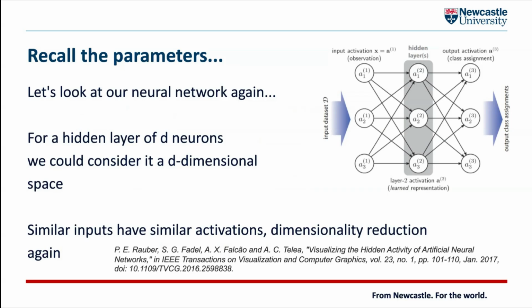Think of it as sort of like a Christmas tree: 0 if it's completely off, 1 if it's on, if it's firing. You can have in-between activations too, and you can look at that as well. That's a point in a D-dimensional space, based on the activations of the neurons.